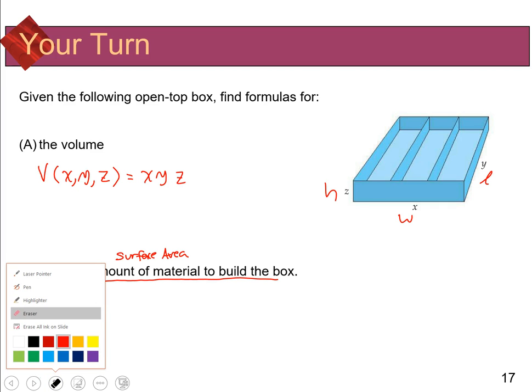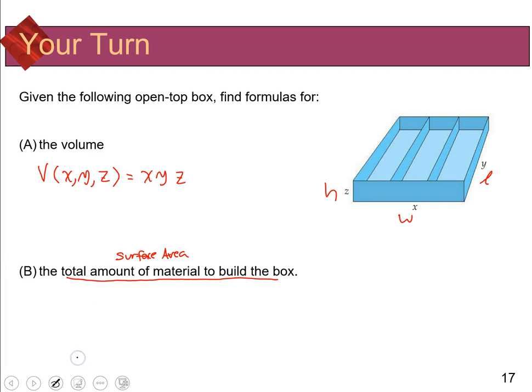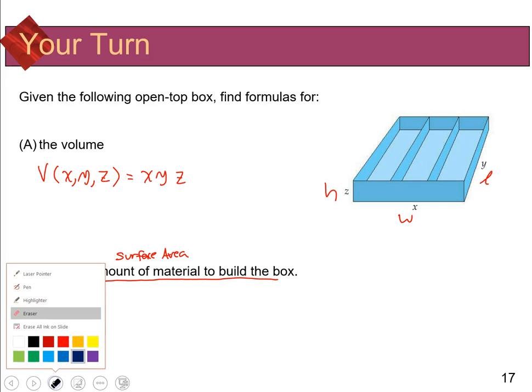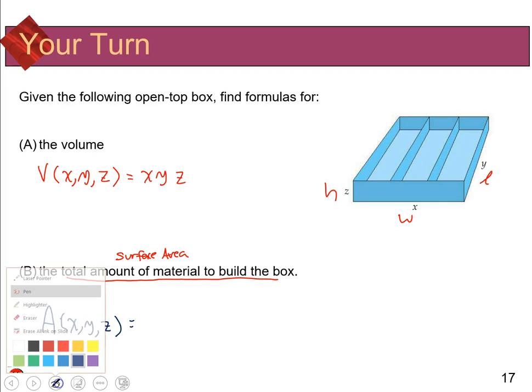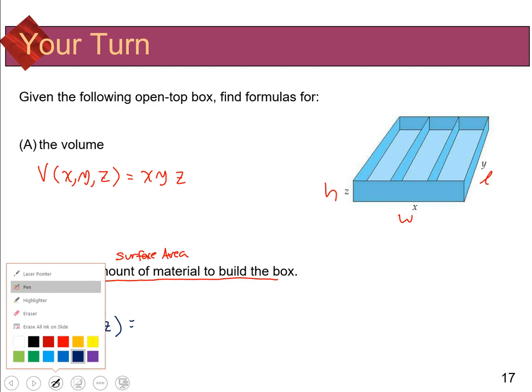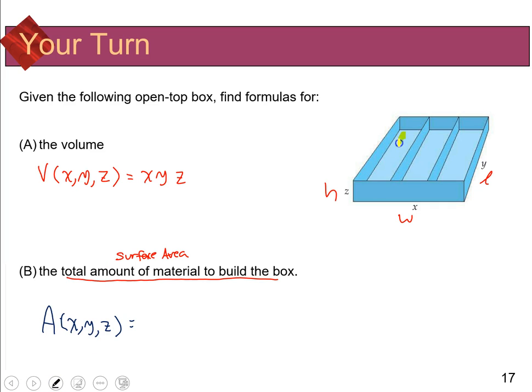The surface area is a little bit more complicated, because when I do the surface area, in terms of x, y, and z, I have to look at each of the surfaces I have. Some of them are repeated, some of them are not. For instance, I have the bottom of the box.